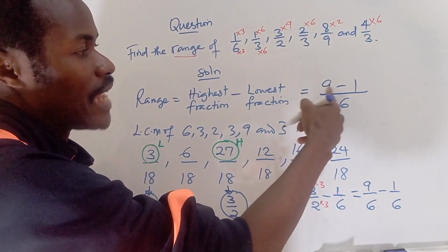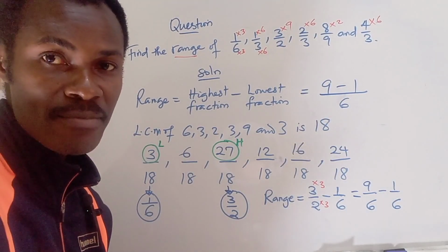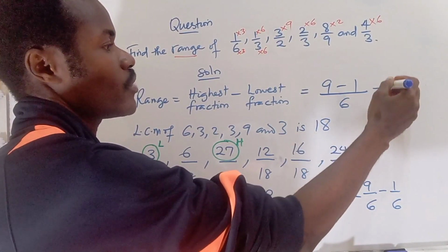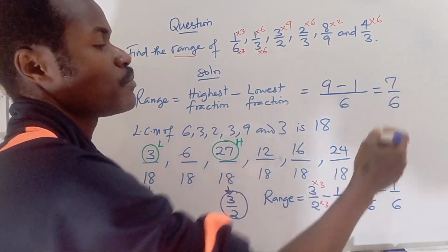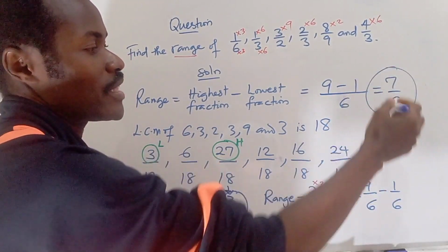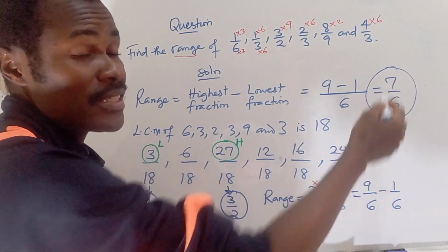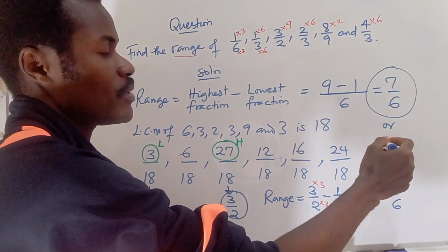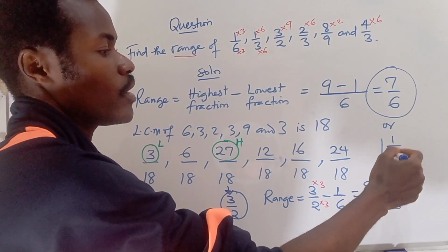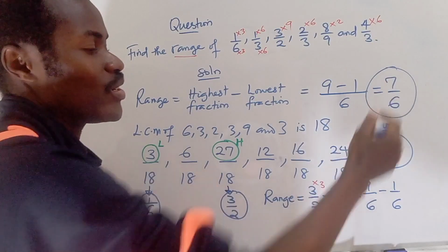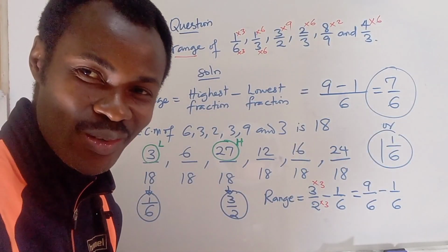So we have 9 minus 1, and 9 minus 1 is going to give us 7 over 6. So our range to this problem is 7 over 6, or since this is an improper fraction, we can still keep it as a mixed number, 1 and 1 over 6. So either this or this gives us a simple solution.